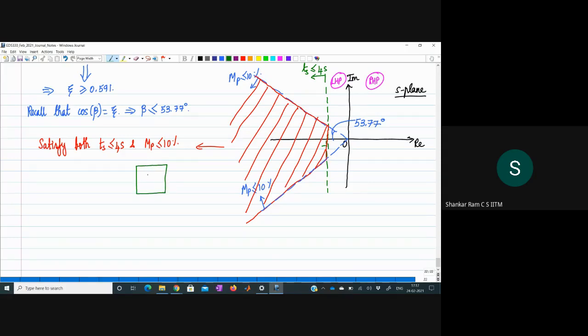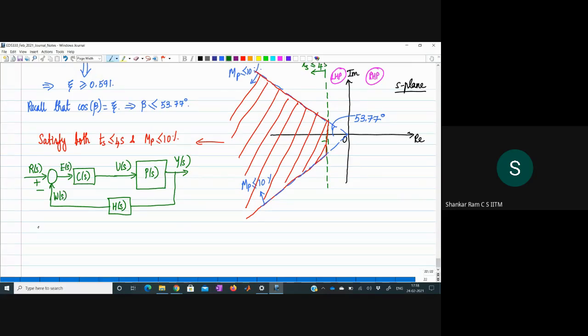Please remember that the plant transfer function we could write as P of S. The input signal is U of S, the output is Y of S. We have a reference input R of S. And then what we do is that we compare, and we take feedback, and we essentially have this feedback path transfer function H of S. Okay, this is what we have, right? So this is our standard closed loop feedback system which we consider, right?